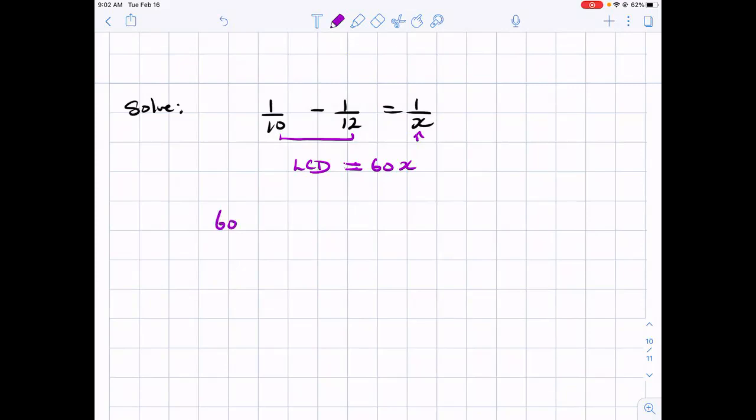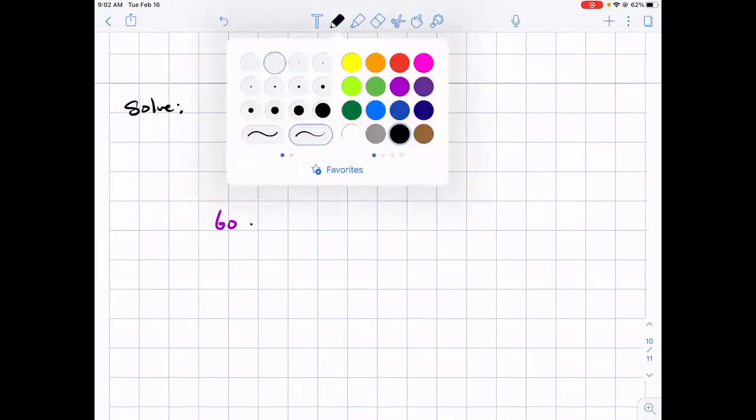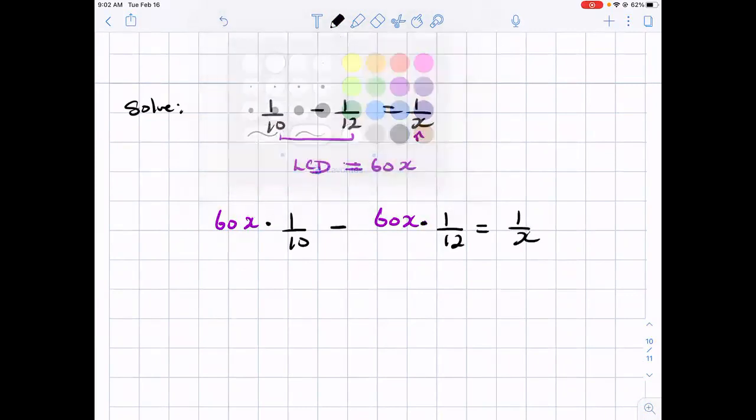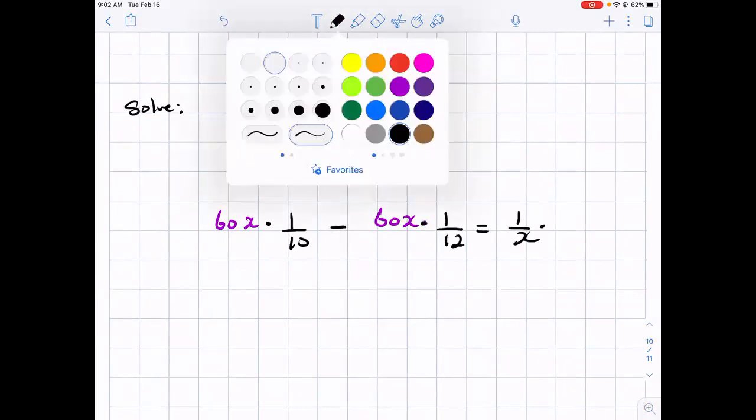If we multiply every single term by 60x, we have 60x times 1 over 10 minus 60x times 1 over 12 equals 1 over x times the 60x.